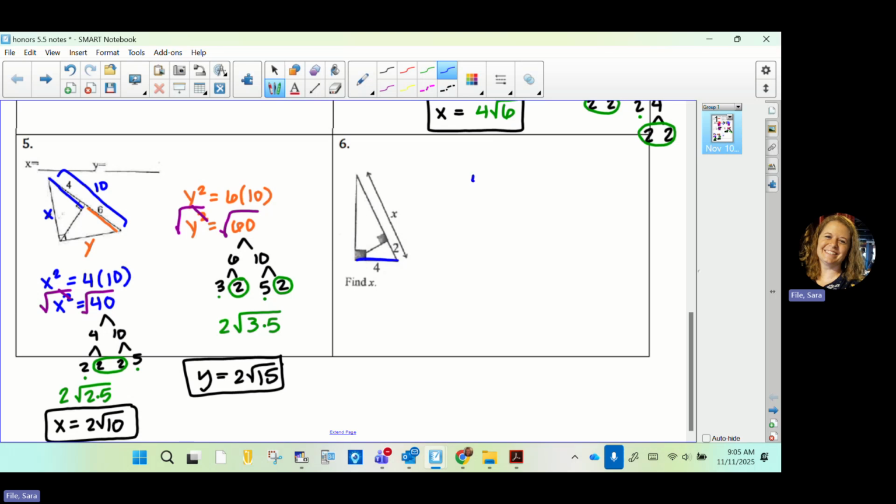So remember, it's the leg squared equals that portion of the hypotenuse times the hypotenuse. So this one's just working backward. Okay, so 4 squared is 16. Then get rid of the 2 by dividing. So that hypotenuse is 8.